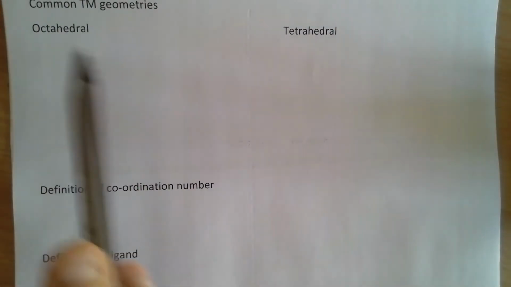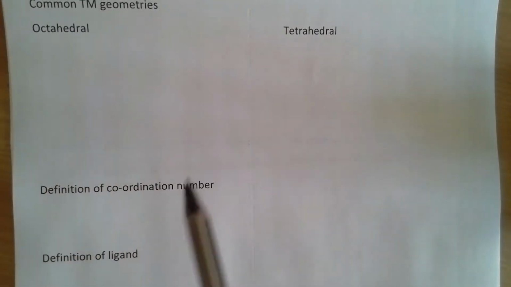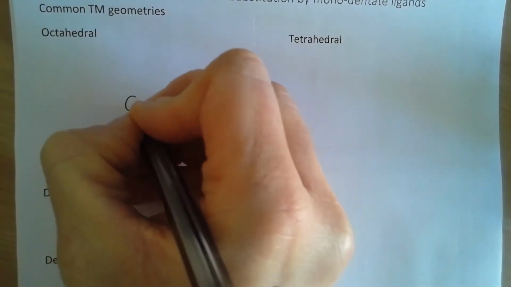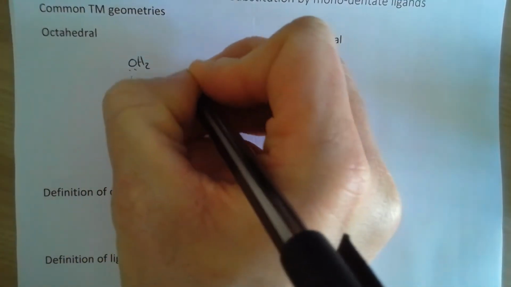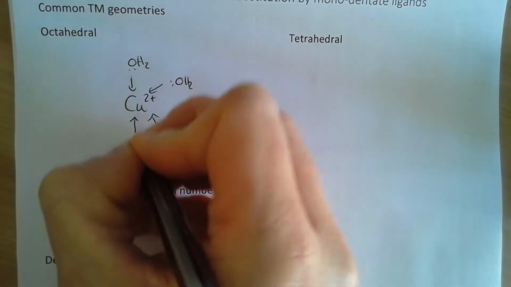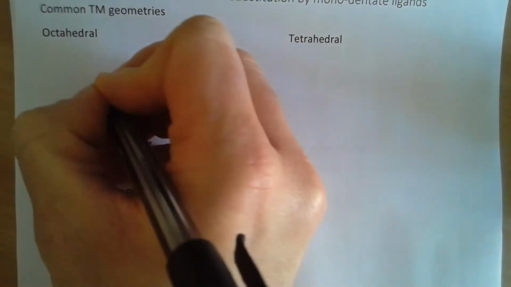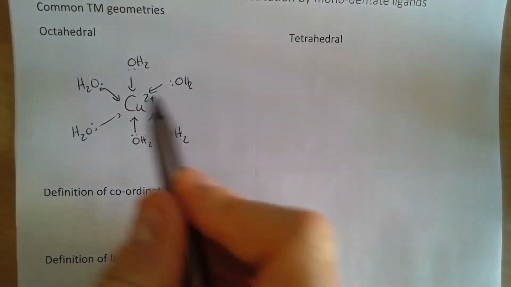It might be that you want to draw a diagram of octahedral geometry and tetrahedral geometry and define these two by pausing the video now, and then I'll go over them. So an octahedral geometry, if we look at our aqueous copper ions as an example, we have got 6 water ligands.